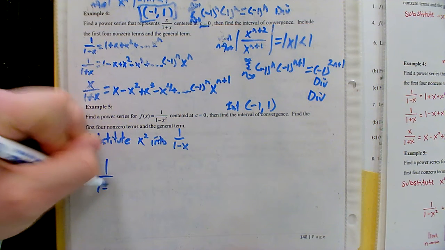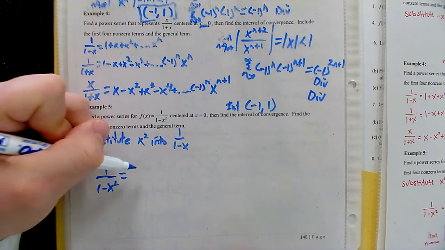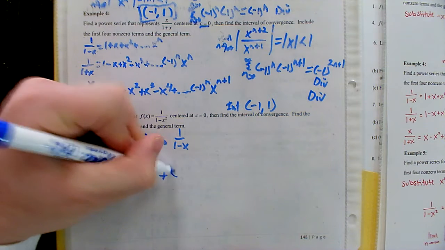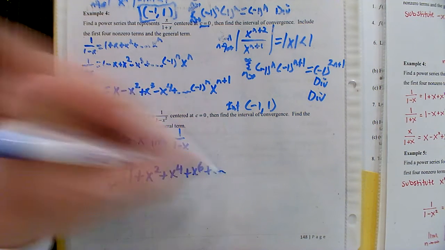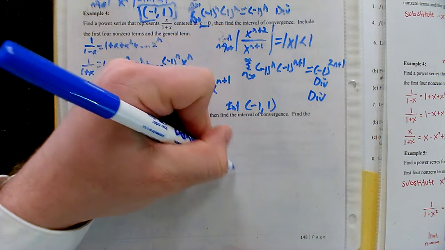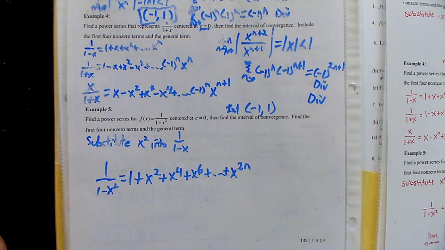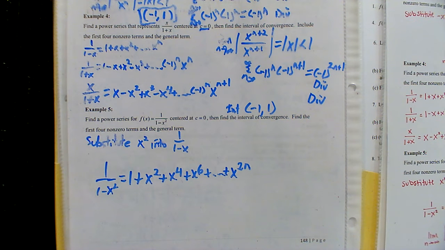So everywhere we have an x, put an x squared: 1 plus x squared plus x to the 4th plus x to the 6th, dot dot dot, x to the 2n. So again, that's the original 1 over 1 minus x, just everywhere there was an x, we put x squared.